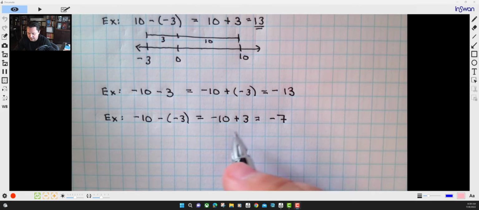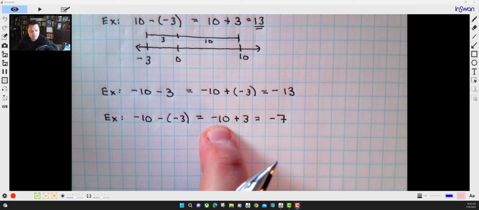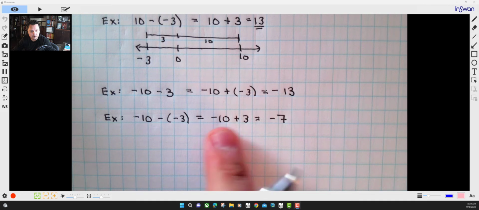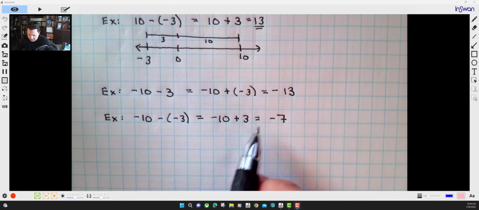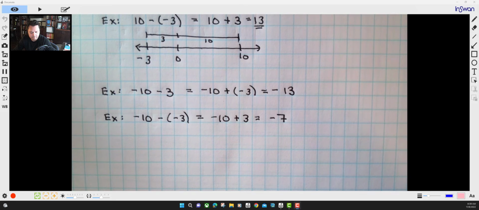Okay, so I owed them $10. I did $3 worth of work. I still owe them $7. Again, basketball teams, the negatives score 10 points. The positives only score 3 points. So the negatives are ahead. So the negatives are ahead by 7. Okay, they've got the lead by 7.